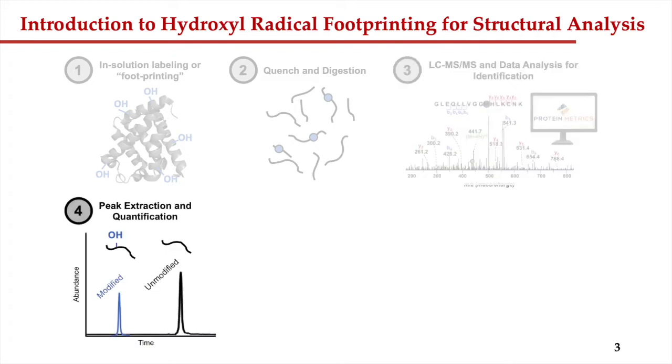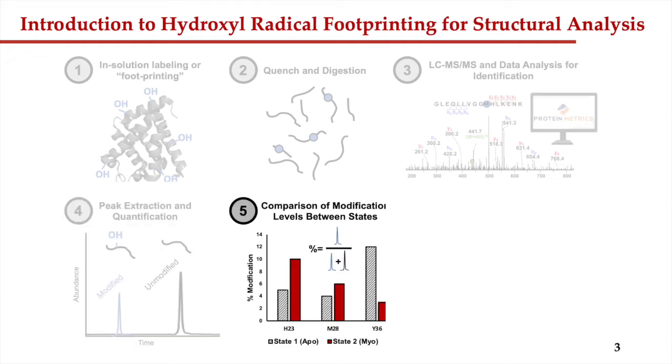We can then take an extracted ion chromatogram corresponding to both the unmodified peptide and the modified peptide. Once we take the area under that chromatogram, we can look at the percent modification of any individual peptide. And importantly, we can look at two different states. So for instance, apo versus holomyoglobin, with or without the ligand. Or you could do an antibody with or without its antigen.